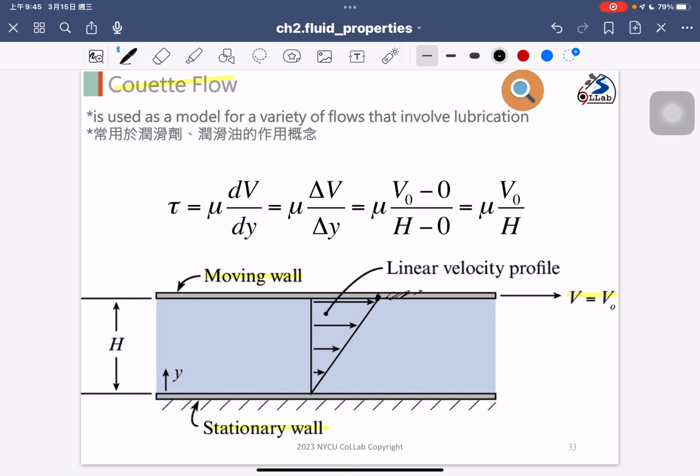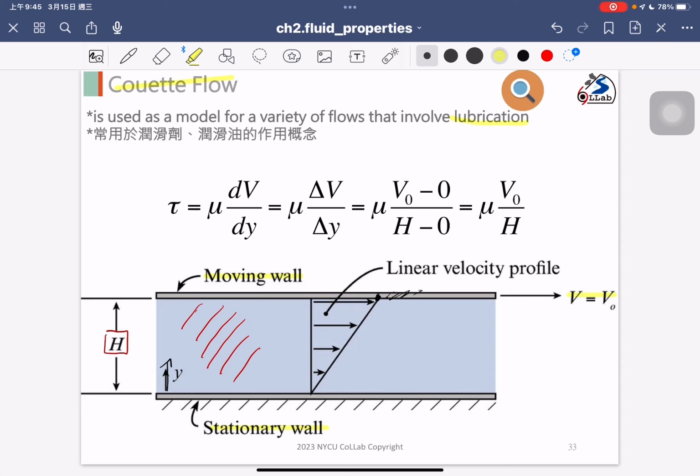And there is the y-axis, and we put some material between the two walls, and we know the thickness is H. Okay, so this Couette flow we usually apply to understand lubrication problems. You can see some words highlighted in here.